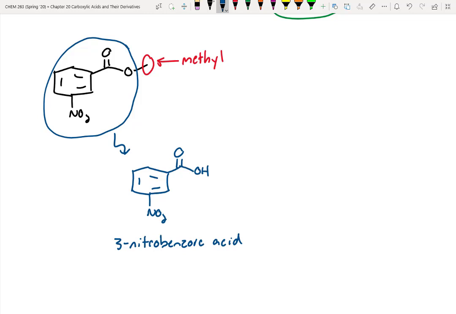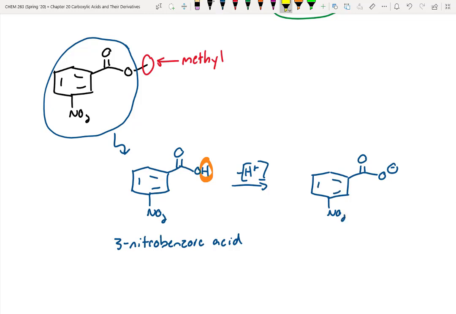You could also call it meta-nitrobenzoic acid if you want. Really, either option is fine. All right, so just like before, we want to get rid of this hydrogen. So I'll just write, all right, minus H+, and we'll consider the carboxylate salt, where we've got a negative charge on that oxygen rather than a proton.